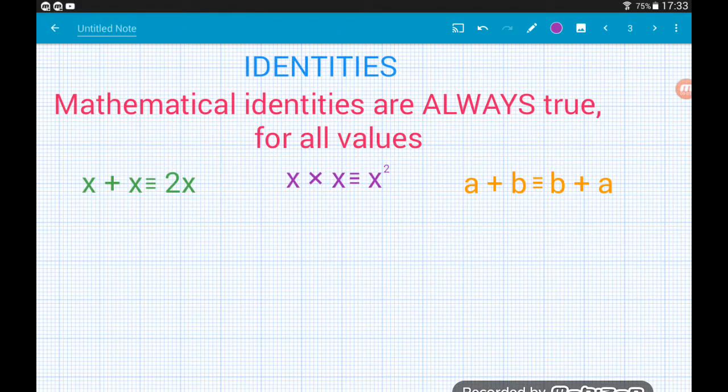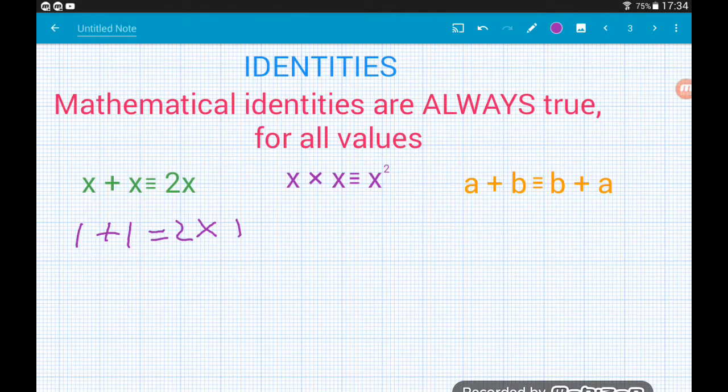So a mathematical identity is something that is always true without exception. So for example, on the left, x plus x is always equal to 2x. So let's have a look. If we set x equal to 1, we would have 1 plus 1 is equal to 2 times 1. That's saying 2 is equal to 2, and 2 definitely does equal 2.